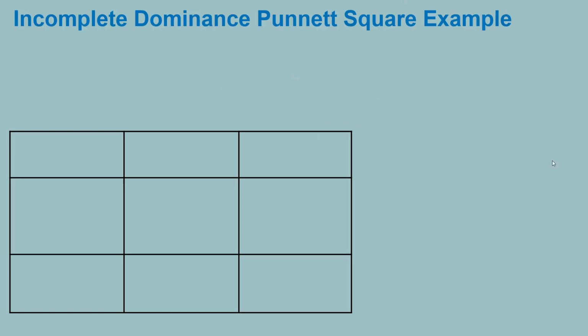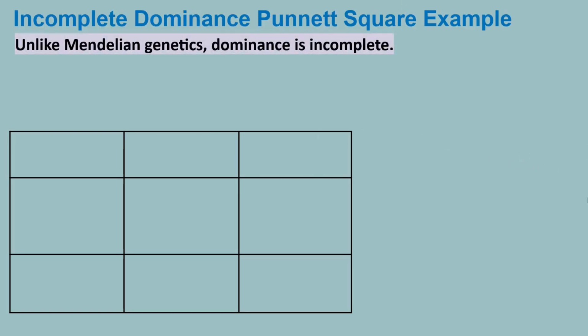Okay, so we're going to practice a Punnett square using incomplete dominance. Unlike Mendelian genetics, dominance is incomplete.